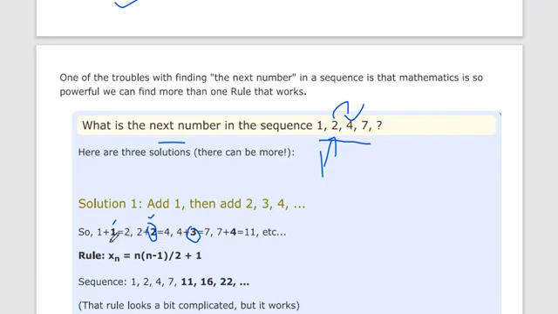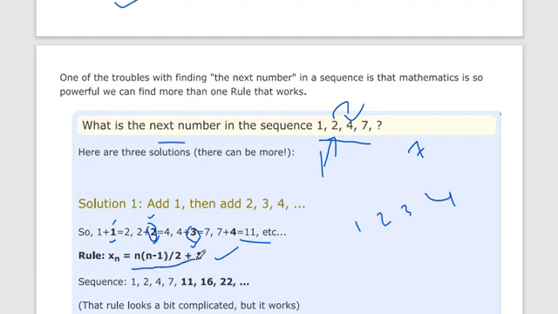You can see there is a pattern of adding 1, 2, 3 and 4, so we can get the numbers. To find the fifth term, we have to add 7 plus 4, so we get the answer 11, and its rule is xn is equal to n times n minus 1 divided by 2, plus 1.